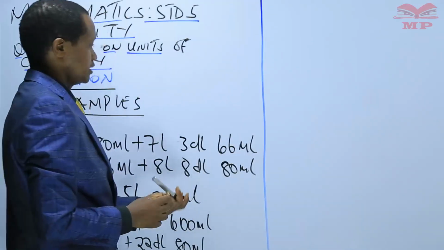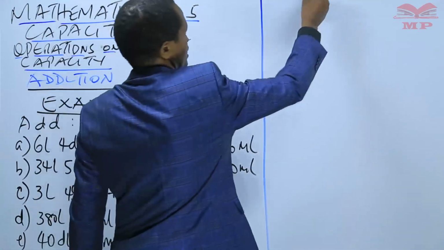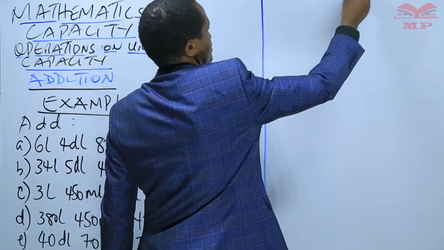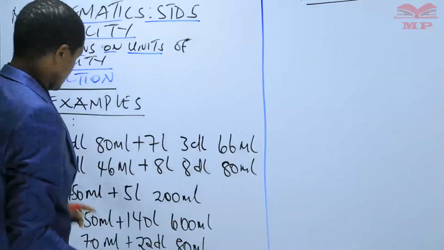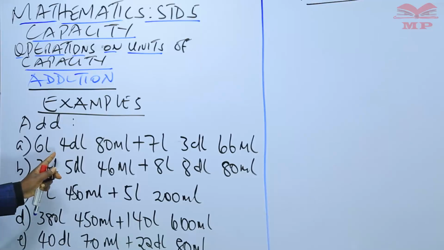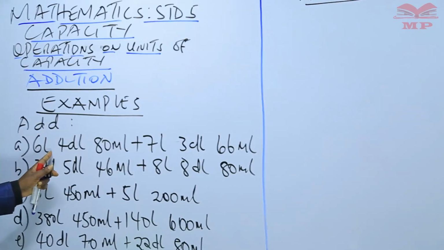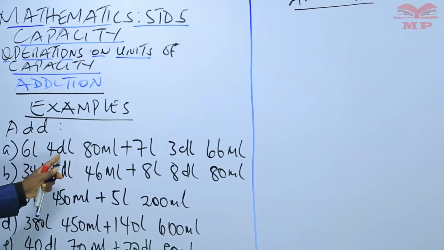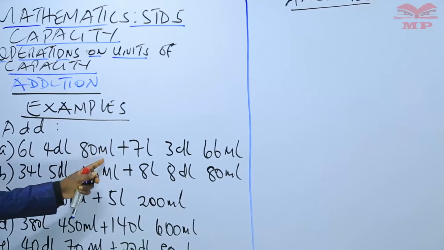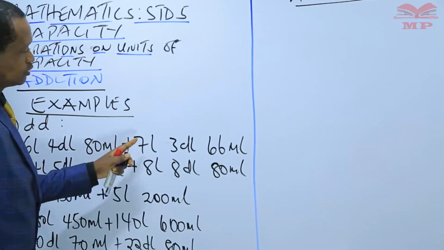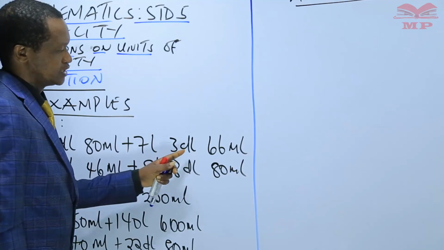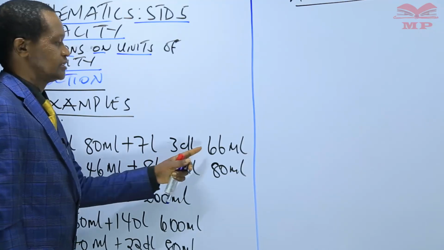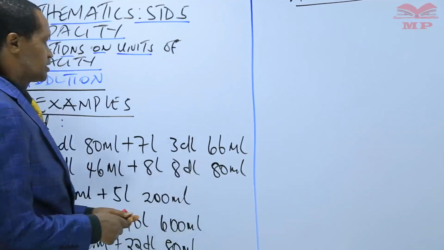So I'll come here and write answers. These are questions. So we want to add 6 liters, 4 deciliters and 80 milliliters to 7 liters, 3 deciliters and 66 milliliters.